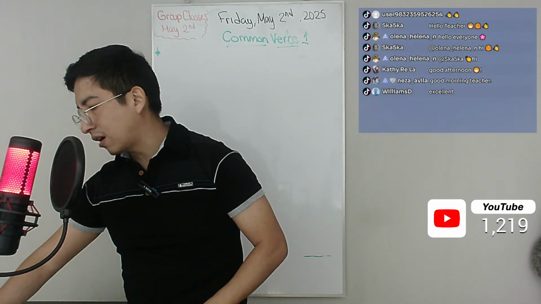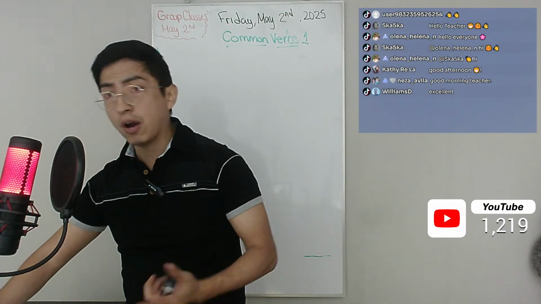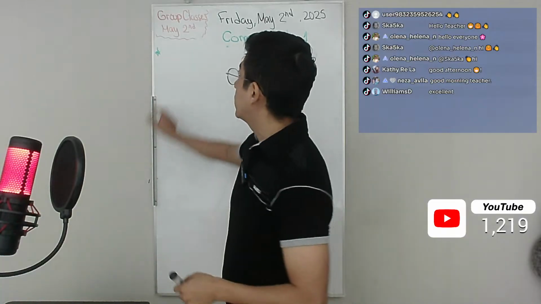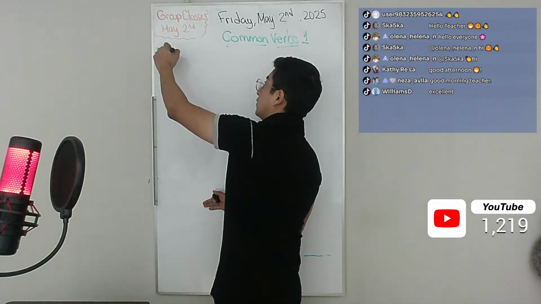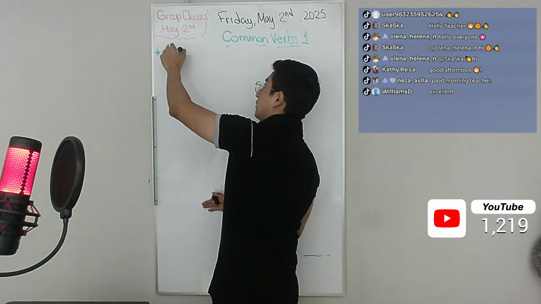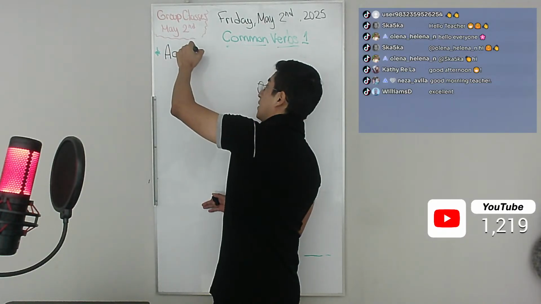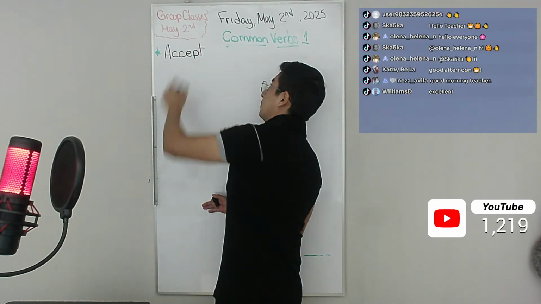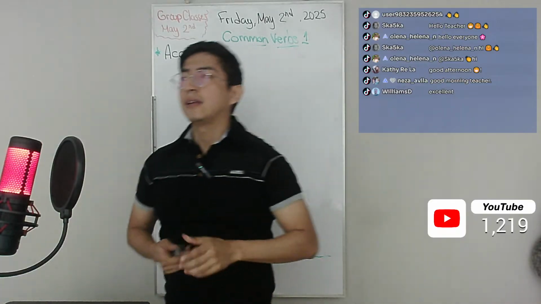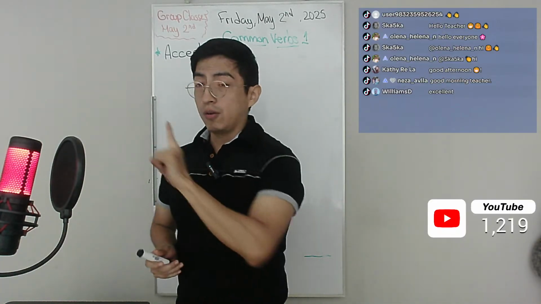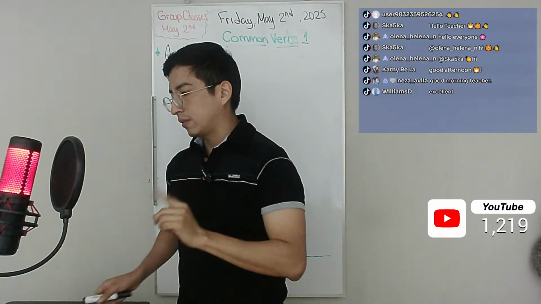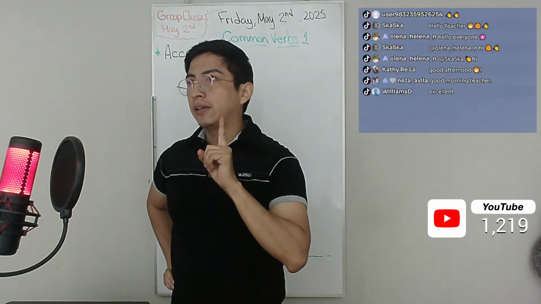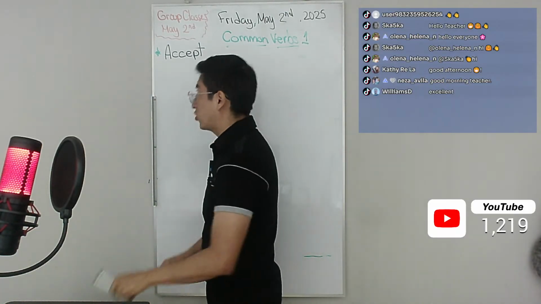For example, let's start with the first part, okay? We're going to start with a very basic word. In this case, this word is accept. Okay, first, what is the meaning of this word? Remember, we have in this part two sounds.